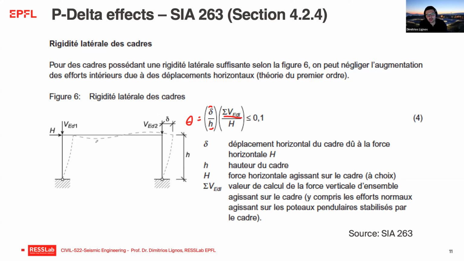Sigma VED is basically what I called N before, so it's the axial load that your frame carries above story i. And capital H is the horizontal force that you anticipate on the system, which gives you the first order shear. So again, if your stability coefficient is less than 0.1, then what we discussed before applies. Otherwise, you have to watch out if you are between 0.1 and 0.2.